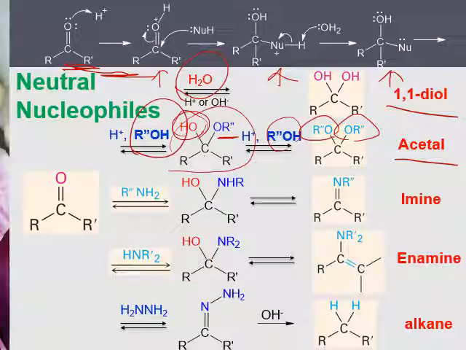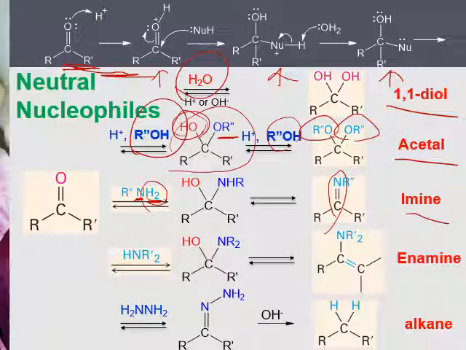When the ketone or aldehyde is treated with a primary amine, where you have two hydrogens, the final product is an imine where you have a C=N double bond. The two hydrogens are both deprotonated.